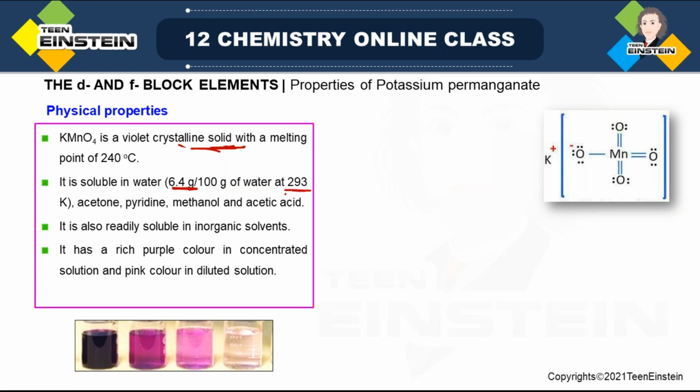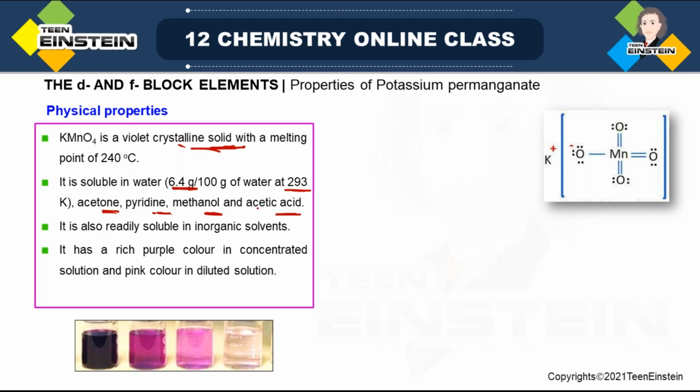It is not just soluble in water, it is also soluble in some organic solvents: acetone, pyridine, methanol, acetic acid. And because of this solubility in different types of organic solvent, you will see that KMnO4 is also used in organic chemistry, especially for oxidation as an oxidizing reagent. So as it is soluble in some organic solvents, we can also use it in organic reactions.